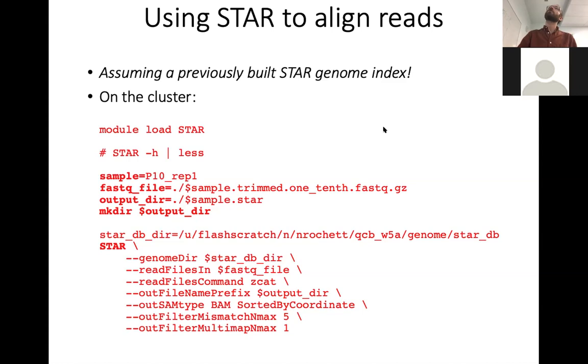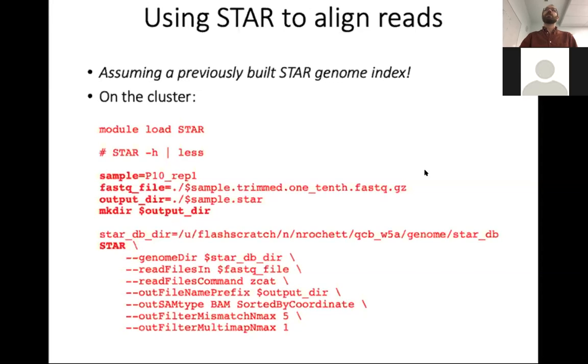So what we're going to do is, I'm currently in the workshop directory, and I've created this programs directory here. And there's a star executable here. So this is the star program itself, and this is what we're going to use.